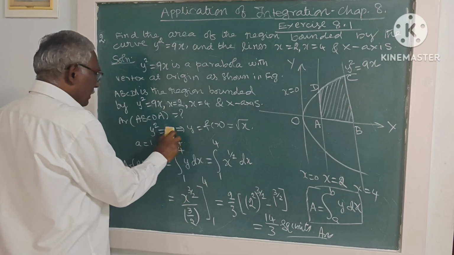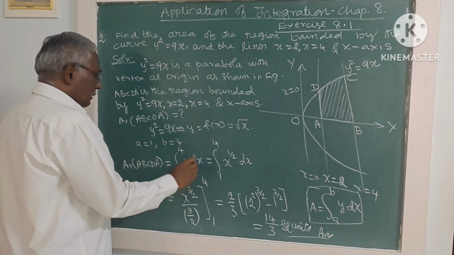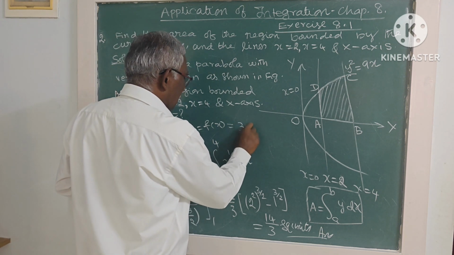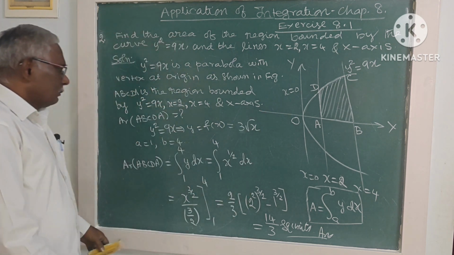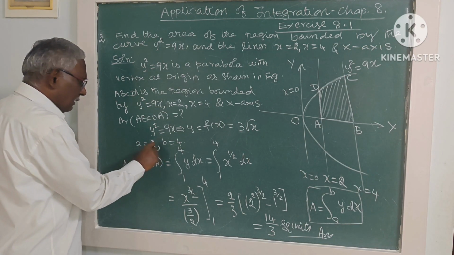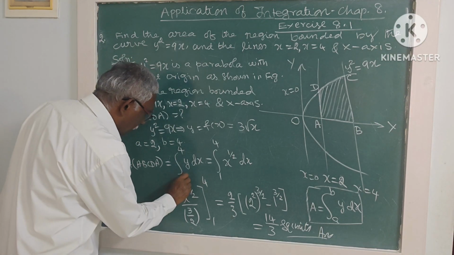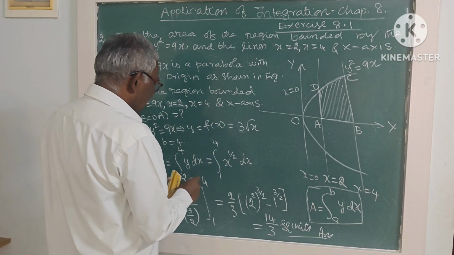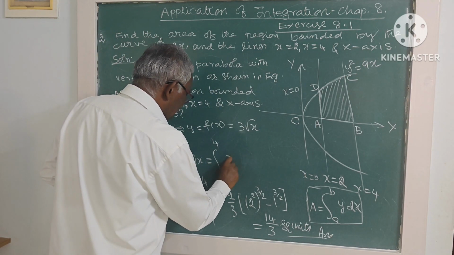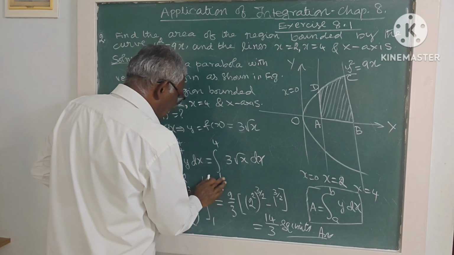Again y square is equal to 9x. This is 3 root x. Here a is 2, b is 4. So this will be integral 2 to 4, 3 times root x dx.